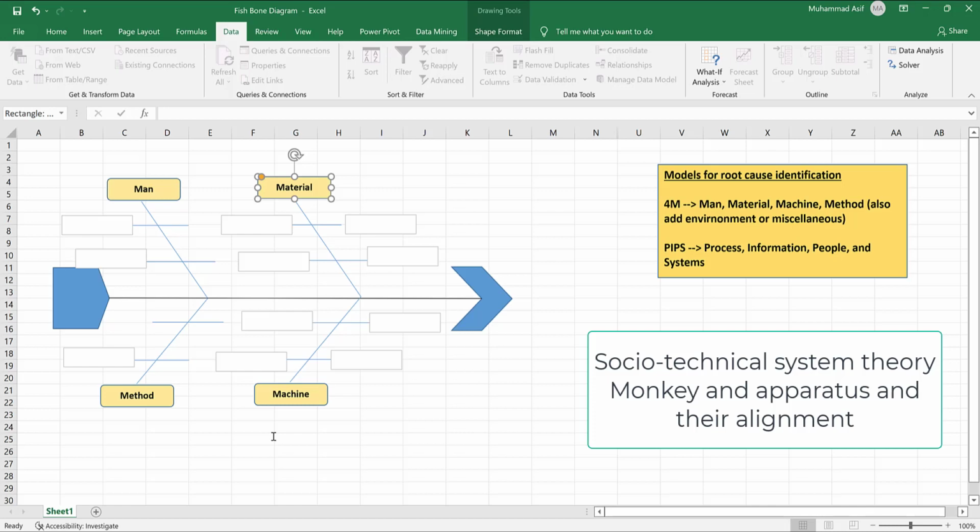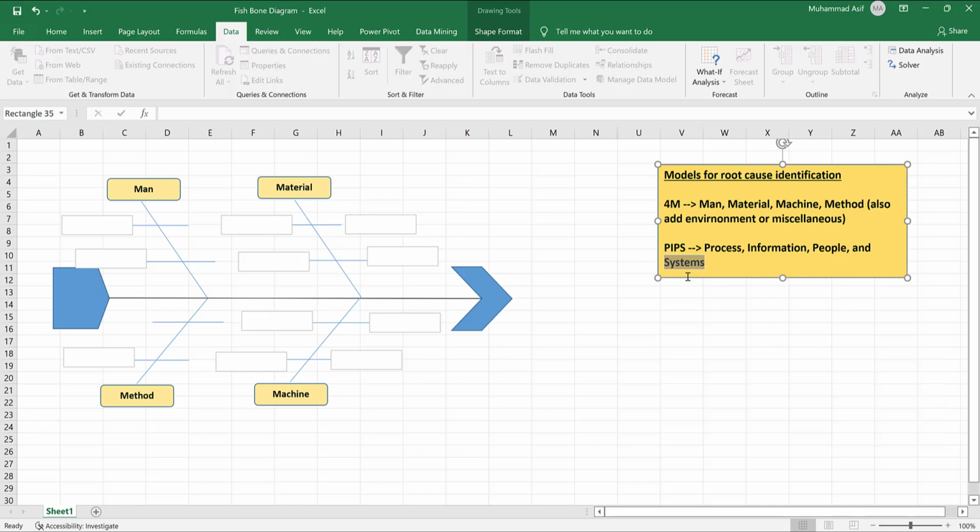Monkey represents the human side, and apparatus represents the technical side of the organization. So in system there could be factors about humans, or about technical system, the overall system, and how these social and technical sides are intertwined together.